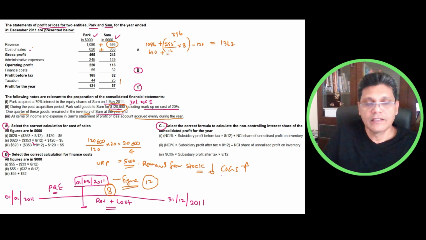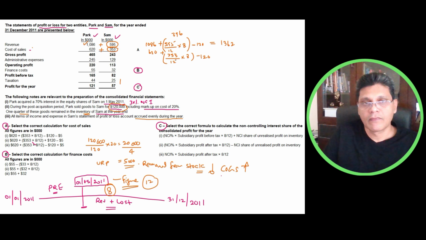Then we have cost of goods sold, which is 620, plus 353 divided by 12 times 8. From Sam's cost of goods sold you need to eliminate 120, which is intercompany. The P has sold to Sam, so P will recognize revenue, and for Sam it will be purchases, included in 353.